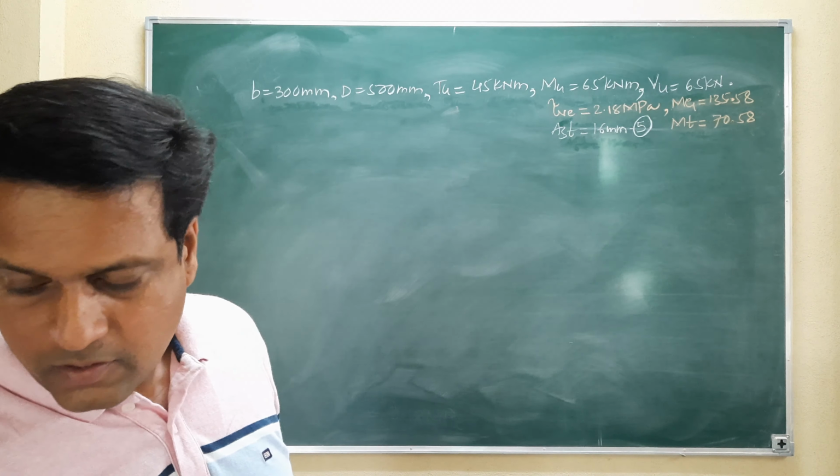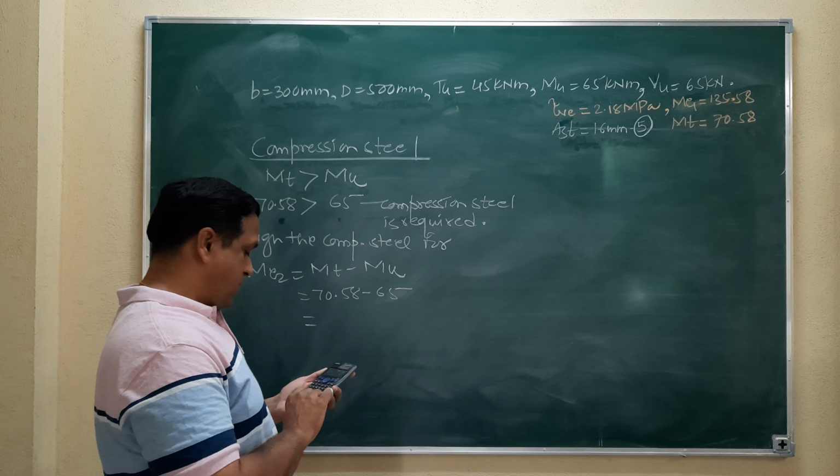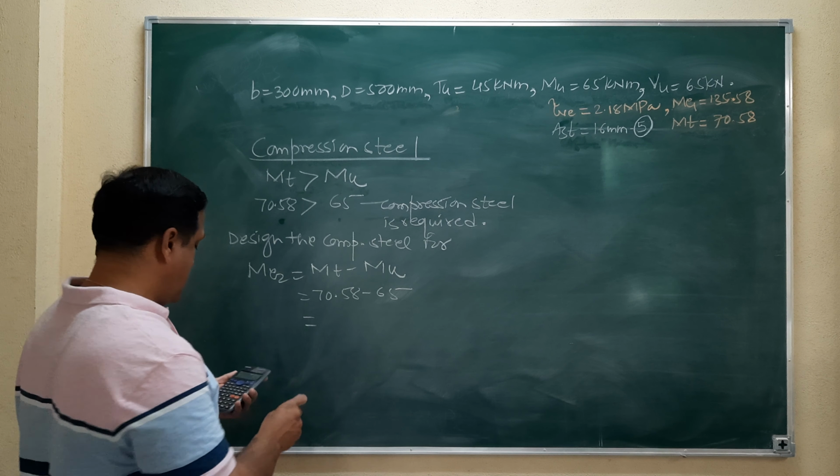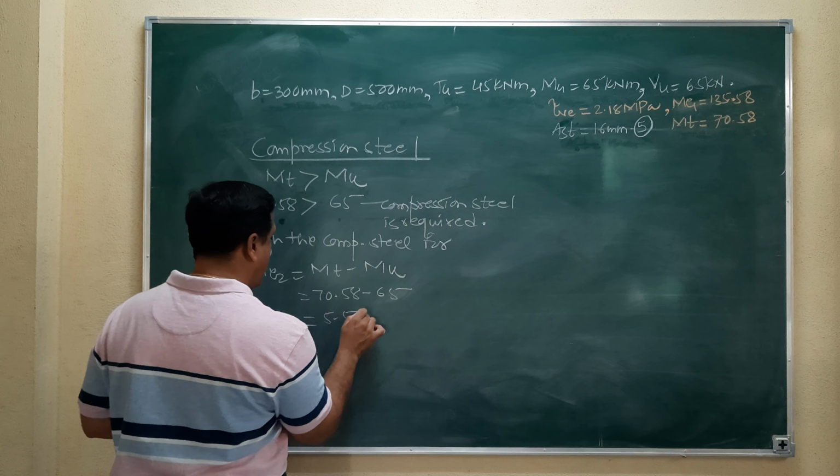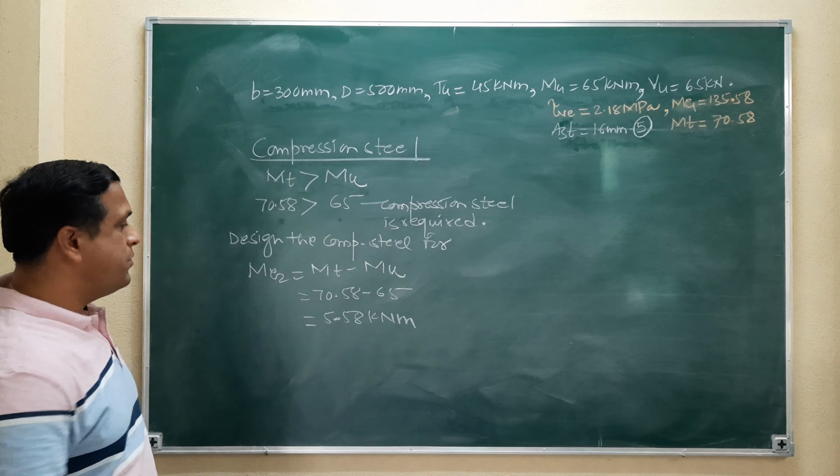Me2 is nothing but MT minus MU, the difference of these two moments, that is 70.58 minus 65. So this is 5.58 kilonewton meter. For this bending moment, you have to design the compression steel.